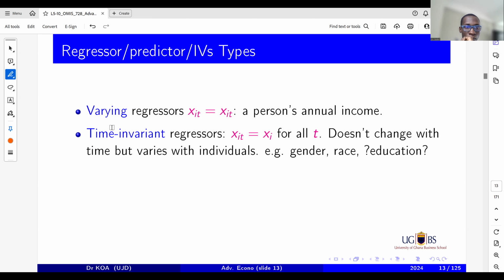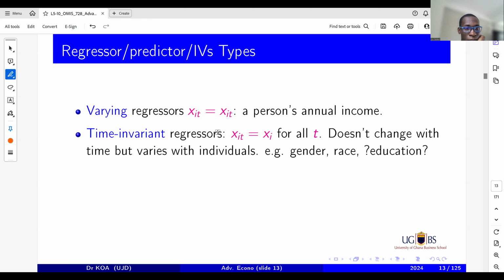So by the way, this can also be called individual varying regressors. So these time invariant regressors are individual varying regressors. In other words, they are varying across individuals, but they are fixed over time.